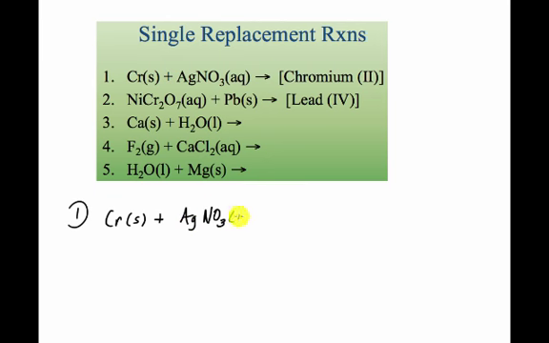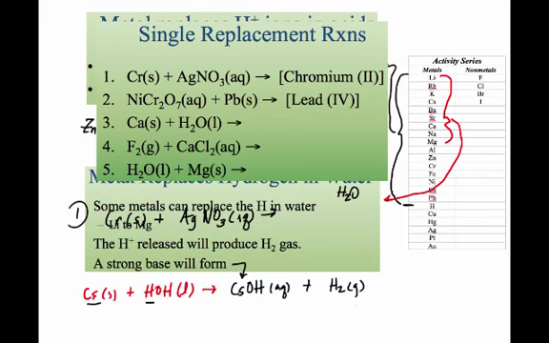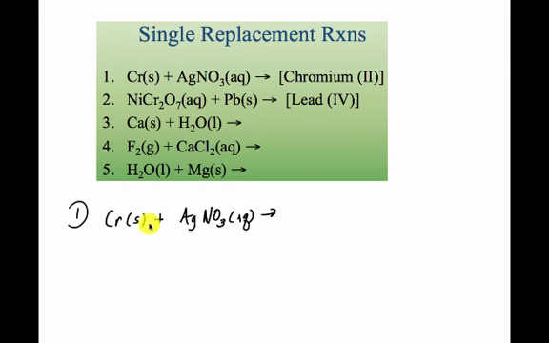First thing I want to do is see, does the chromium have the capability of replacing it? Well, what I need to do is consult my activity series. I'm looking for chromium. Chromium is here. Silver is down here, so it most definitely will do that. So I know that this reaction works.